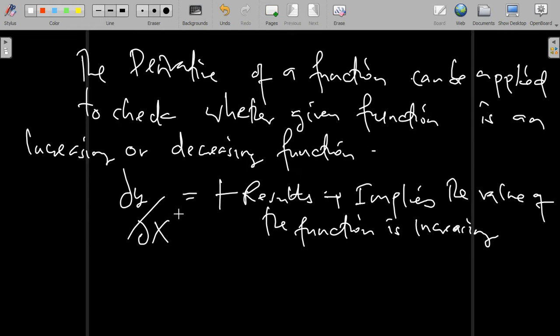So when you solve the first derivative and obtain a positive sign for your result, it implies that the value of the function is increasing.